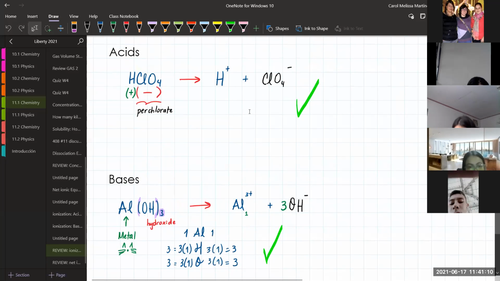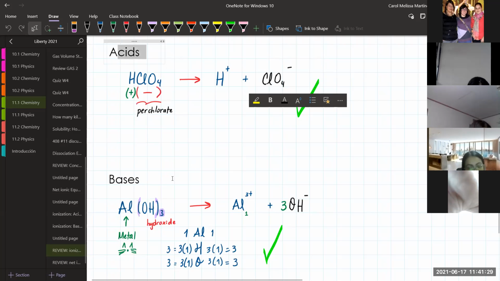As you can see here, to dissociate acids, the acid is going to split into its cation and anion. The cation is always H+, and the anion is going to be the remaining part of the acid. This is how you dissociate an acid.